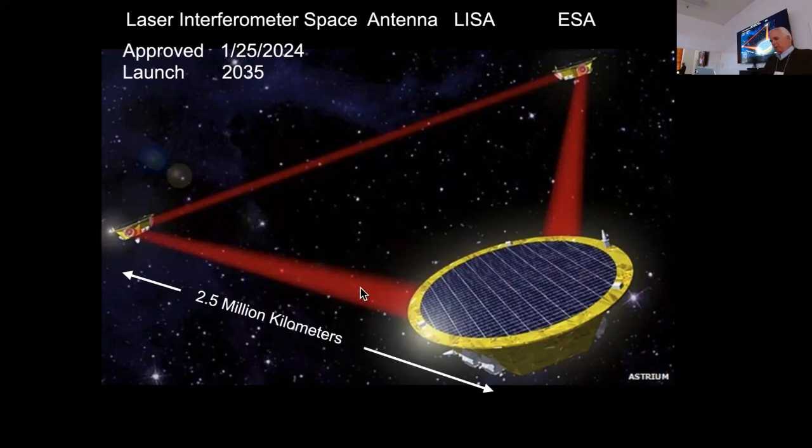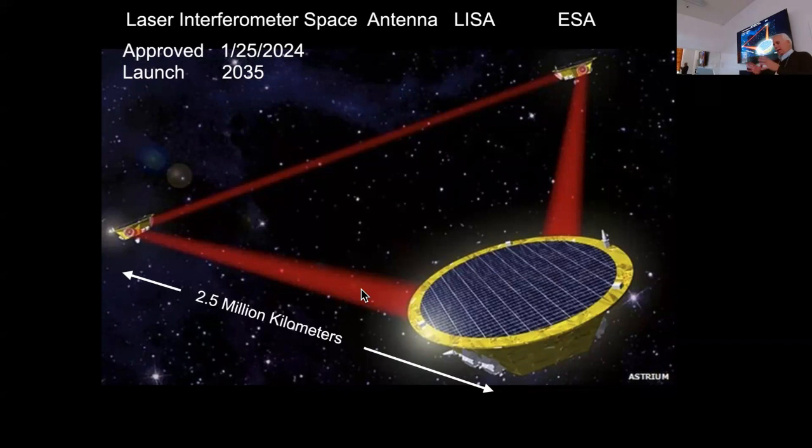And roughly the size of those arms is the wavelength of the gravitational wave that you can detect. So the current ones we have detect waves on the order of kilometers or so. This will be much longer wavelengths, which means lower frequencies. And this would be able to detect something we haven't seen at all before.